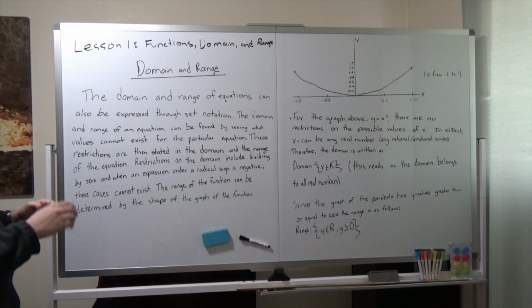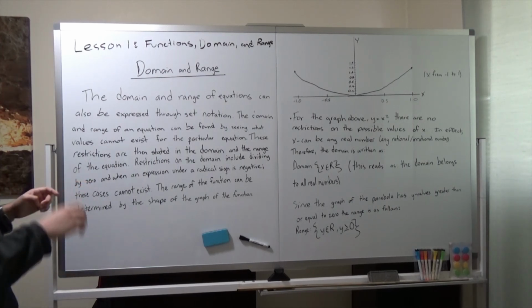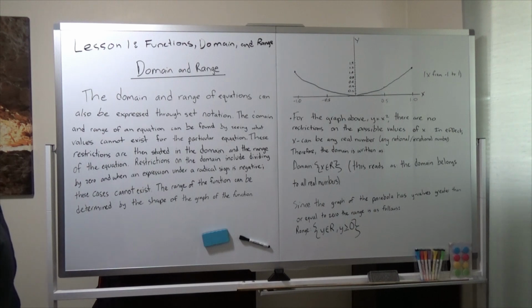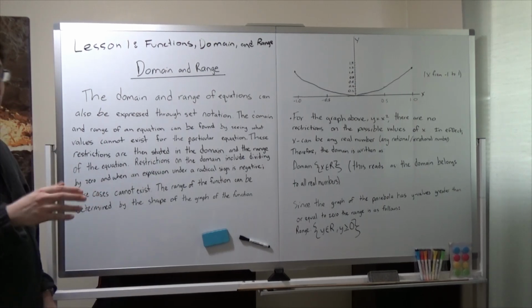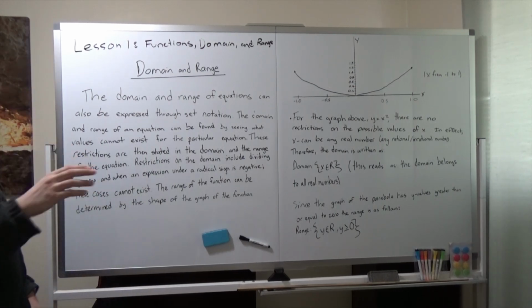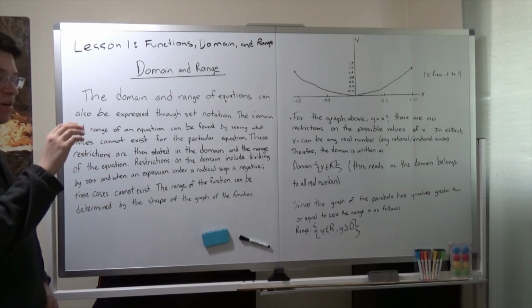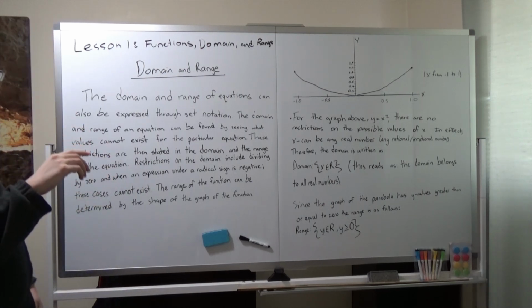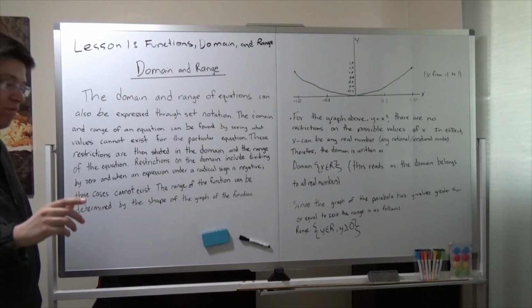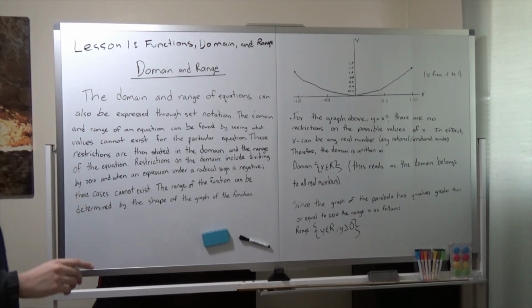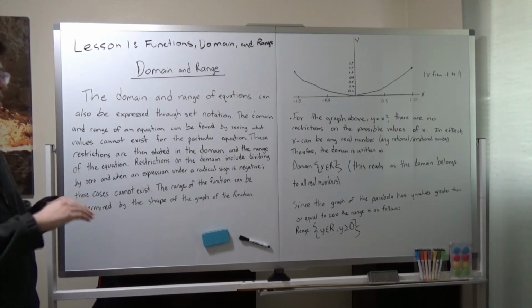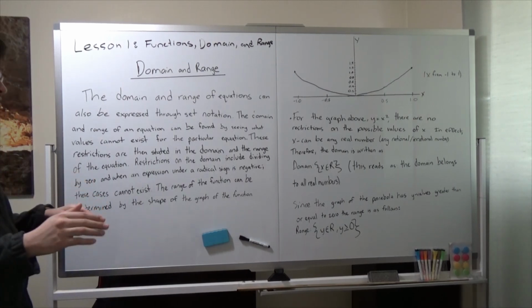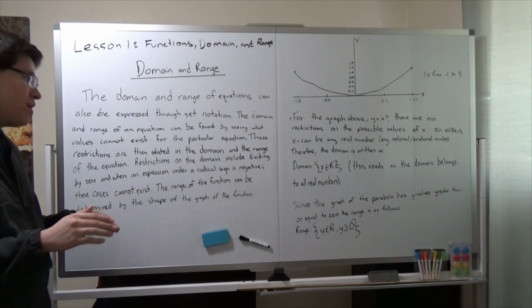Restrictions on the domain include dividing by zero and when an expression under a radical sign is negative. These cases cannot exist. So, restrictions on the domain would include division by zero in an equation, or when the sign under a radical sign or a root sign is negative. When these cases occur, these cases are restrictions and must be excluded from the domain.